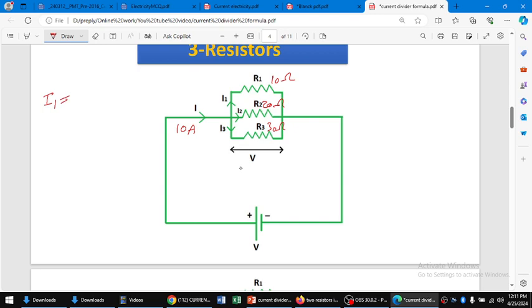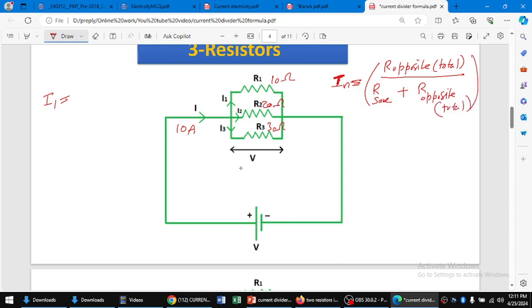The current divider formula is, again I read the formula, IN is equal to the total opposite resistance, R opposite, divided by the same R, where the current is flowing, plus R opposite, the total or equivalent resistance of the opposite branch. Okay, so for I1 the opposite branch is R2 and R3.